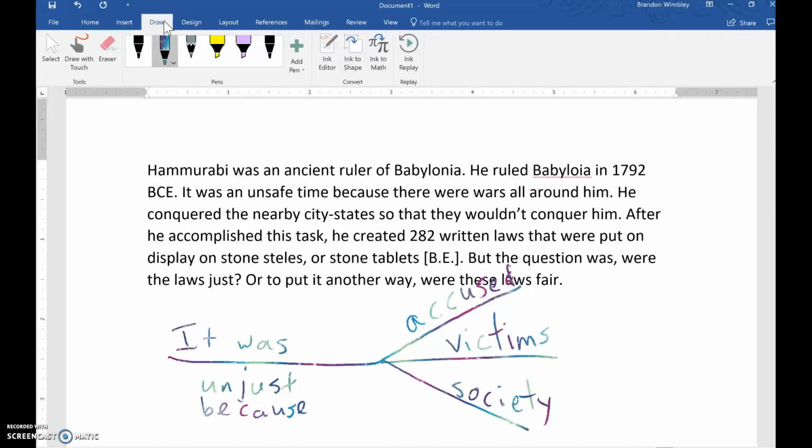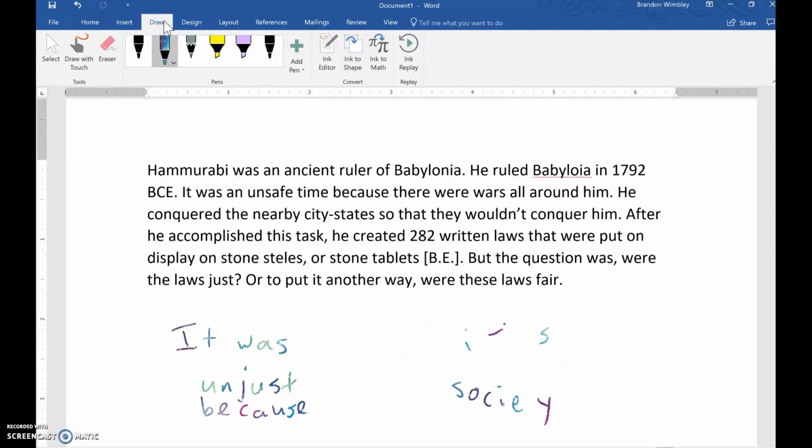And now we're going to end with this thesis statement of ours. So I'm going to erase it so it doesn't cover up our area. Oh, and that was a question, so let's change that to a question mark.